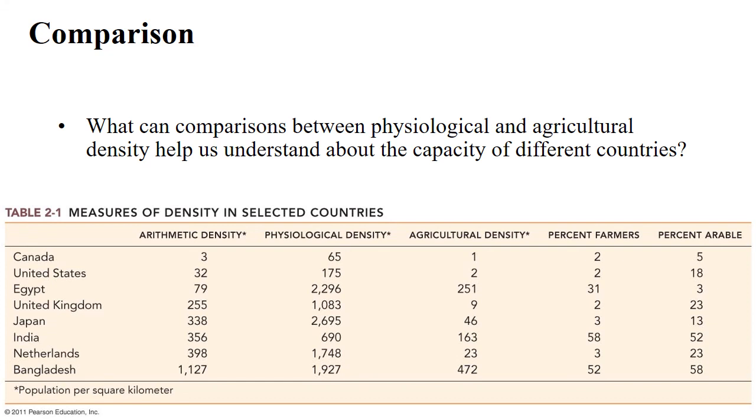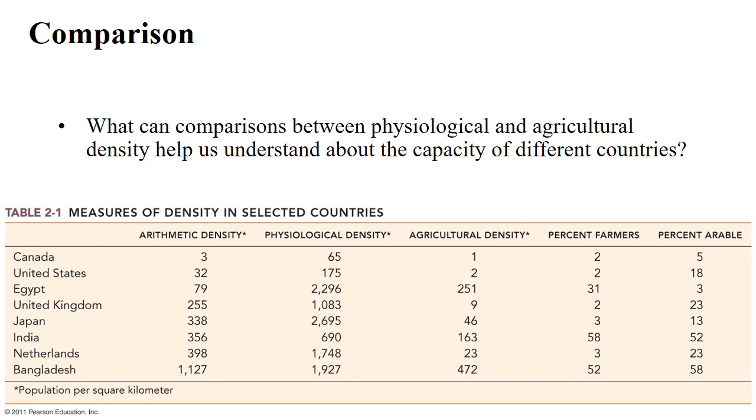Bangladesh's population is much higher than the Netherlands, but they also have a lot more arable land, almost twice as much. And so they end up with a similar physiological density. But if you compare the agricultural densities, that's where you see the real difference start to emerge and where we can see the value in calculating these different numbers here.